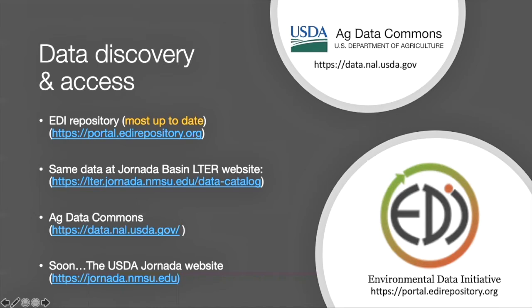In the near future, we intend to have a unified search and access interface for Jornada data on the USDA Jornada website. So this interface would access LTAR data, LTER data, and data from other Jornada programs under one interface.